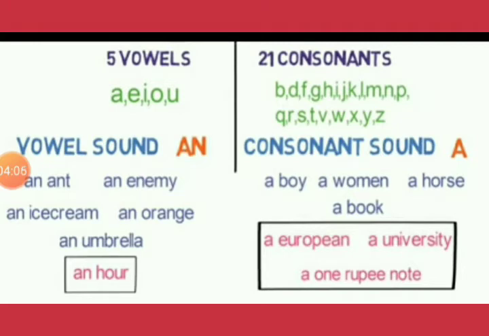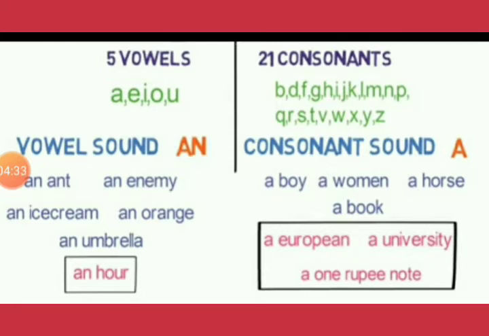Here H is a silent letter. We pronounce it with a vowel sound, O-U-R, hour. Of course, H is a consonant, but its sound is a vowel sound. So we are using an.